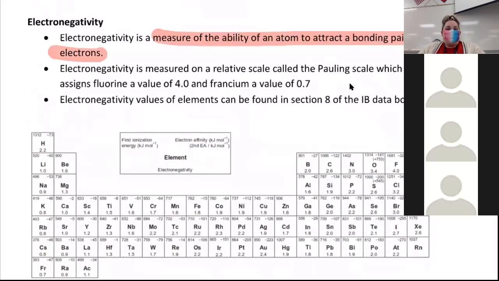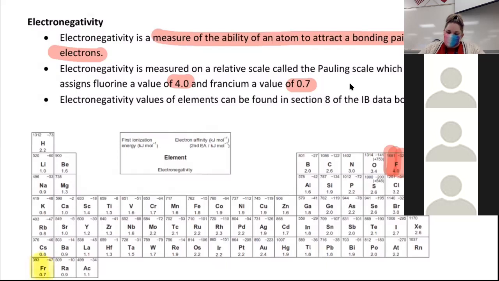The higher the electronegativity, the more likely an atom is to take an electron from another atom, basically. It's measured on the Pauling scale. The highest value is 4 and the lowest value is 0.7. Fluorine, all the way over here, is the most electronegative element. Francium, down here, is the least electronegative element.